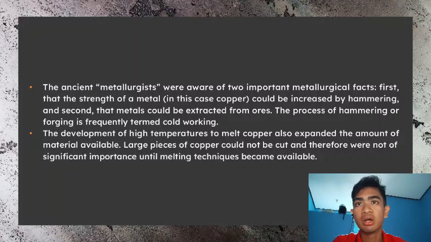The development of high temperature to melt copper also expanded the amount of material available. Large pieces of copper could not be cut and therefore were not of significant importance until melting techniques became available.